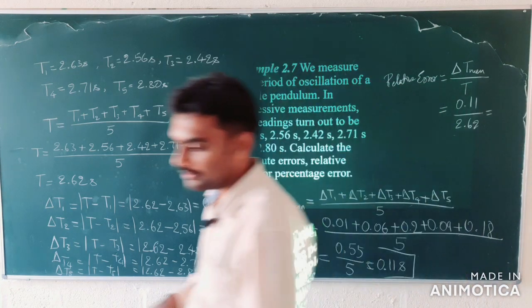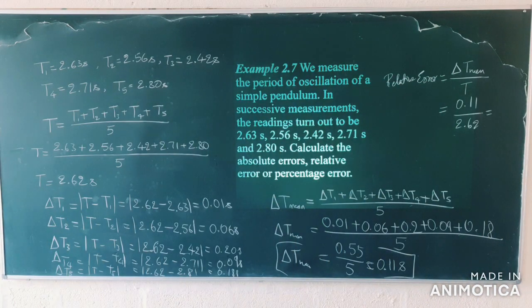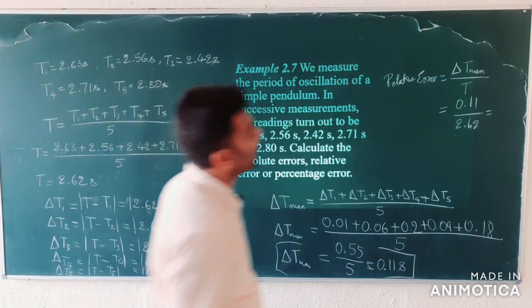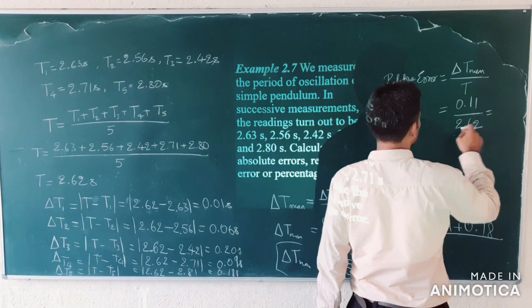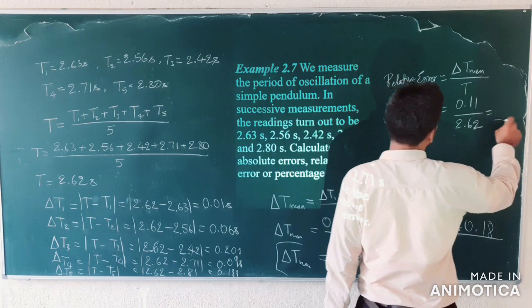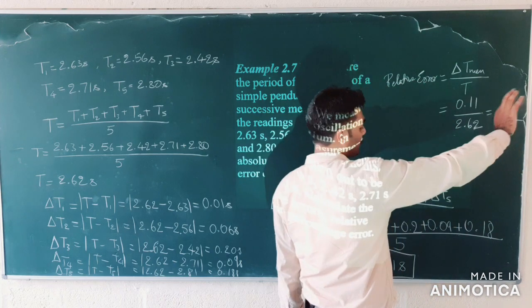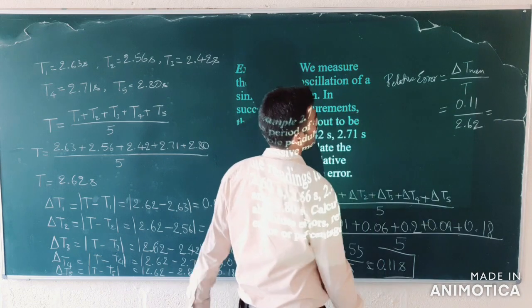Make use of a calculator and simplify so that you will get the relative error. It's just the relative error which is required here, the ratio. Divide them using the calculator and keep the value as it is, without any unit.